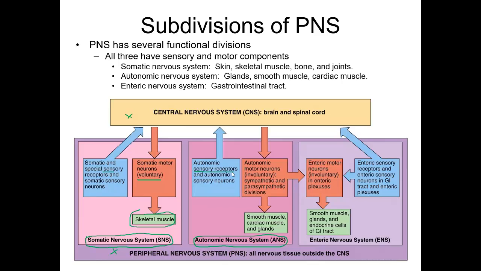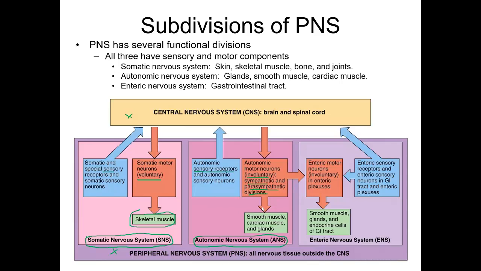So you would have these sensory receptors in your blood vessels, in your heart, in your intestines, so in parts of your body that are beyond your control. Autonomic motor neurons are located in your smooth muscles and are further divided into sympathetic and parasympathetic divisions. We have a complete chapter on the autonomic nervous system. So this division, the autonomic nervous system, deals with involuntary parts of your body.